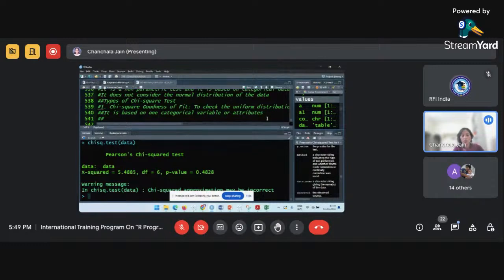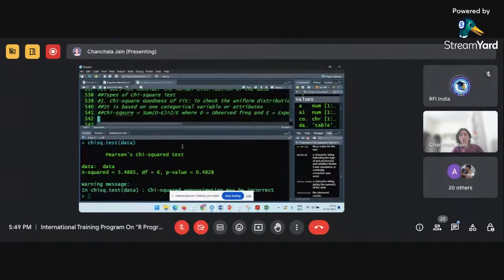If I talk about the chi-square test manually, I think you people know that chi-square is equal to the sum of (O minus E) squared divided by E, where O is your observed frequency and E is your expected frequency.